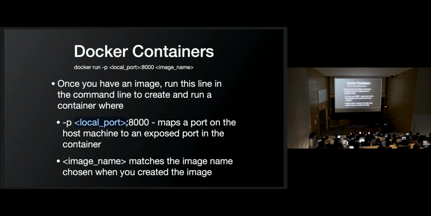And then you're going to map that using a colon to whatever port your app is running inside of your container. So inside your container, you're going to have a whole set of ports that's completely separate from the ports on your actual machine, on your laptop. It's going to be a whole different set of ports. So our app's running on port 8000 in the container, and then we're going to choose some port on your laptop to map into that port. So I'm going to choose some local port. We'll typically choose 8080 in this class.